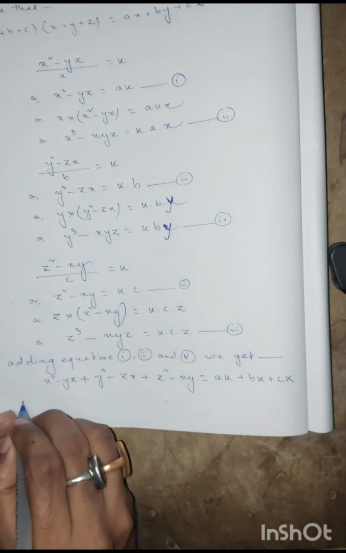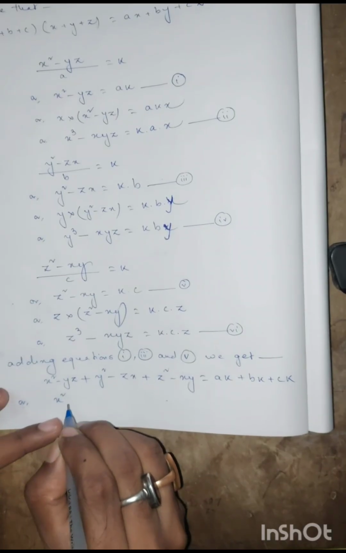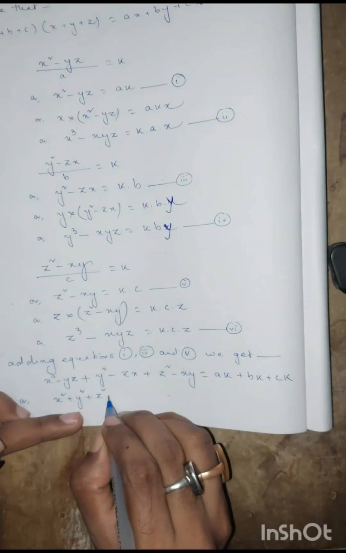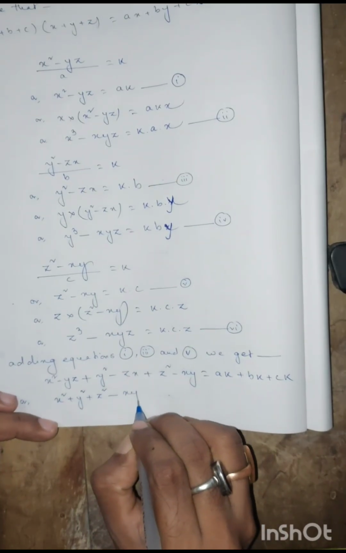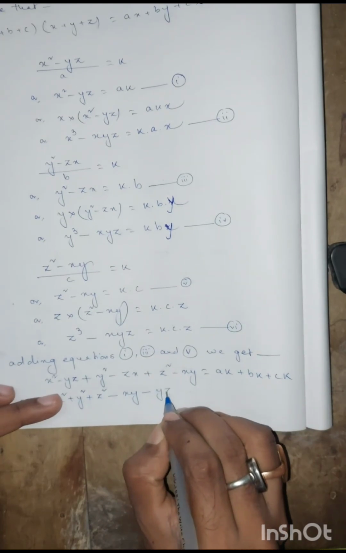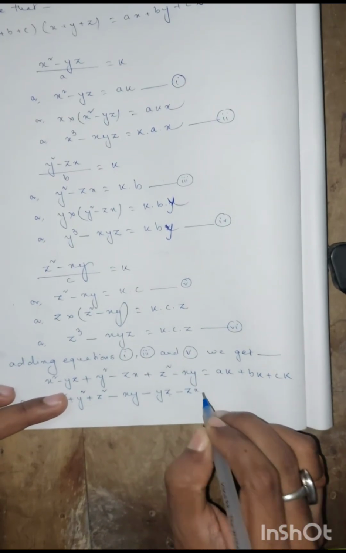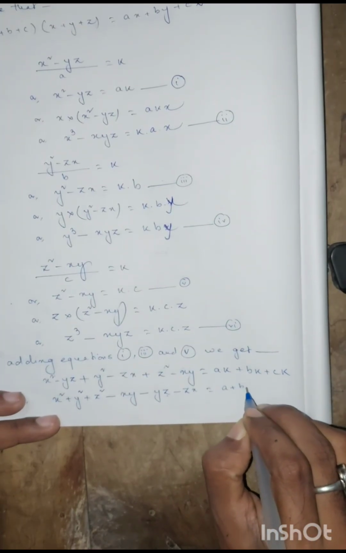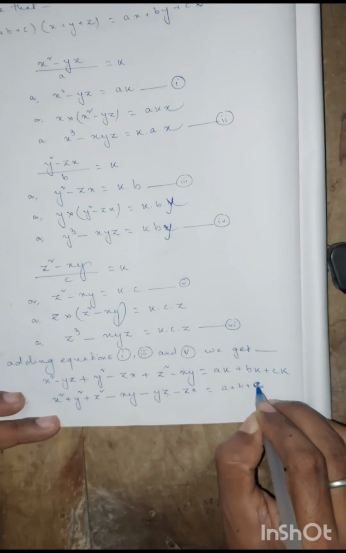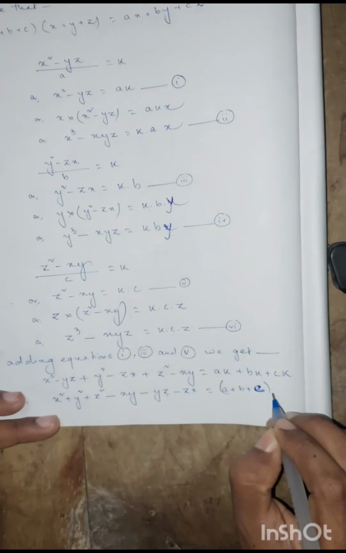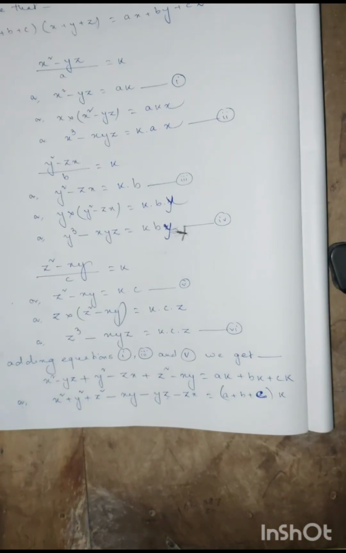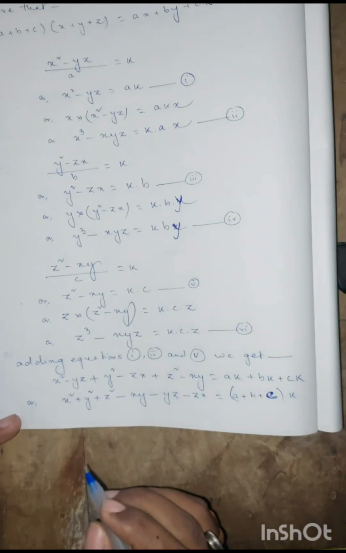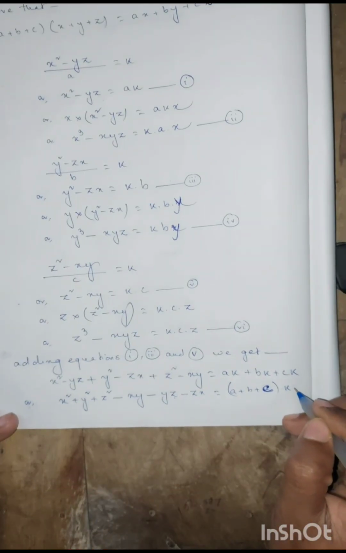So we can write x square plus y square plus z square minus xy minus yz minus zx should be equal to, if we take k common, (a plus b plus c) into k. So this is what we are getting.